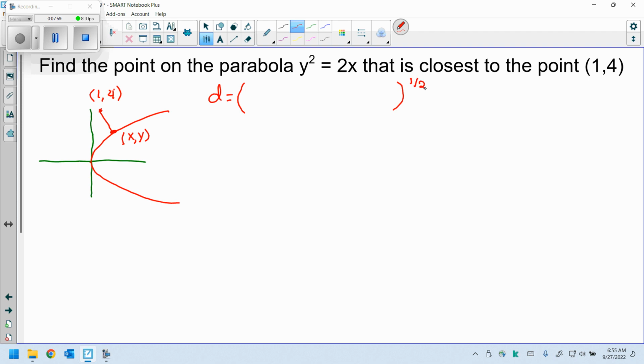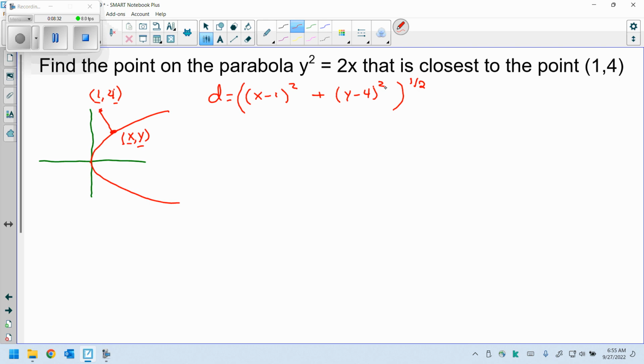The distance formula is the square root of x2 minus x1 squared plus y2 minus y1 squared. And that's the distance, and that's what I'd like to minimize.